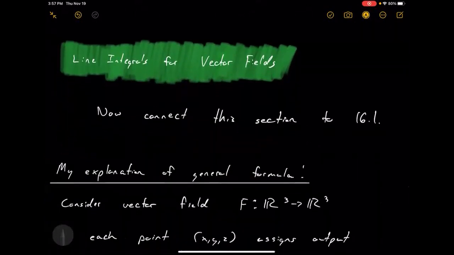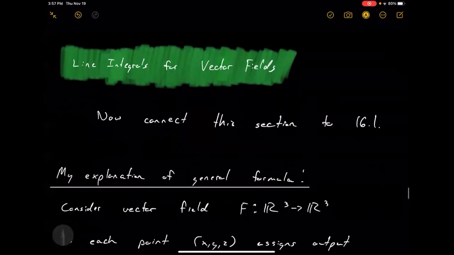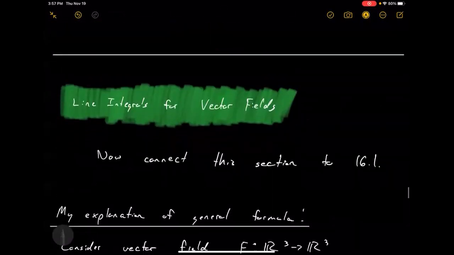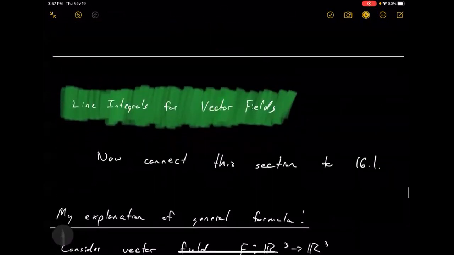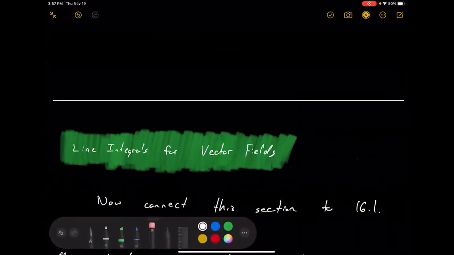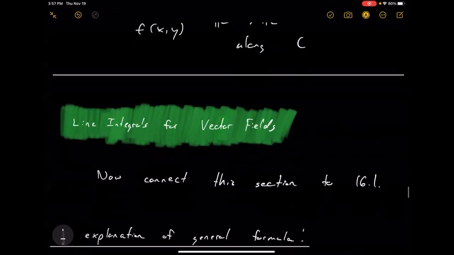Okay, so my last thing I want to do is line integrals for vector fields, and this is where our material for 16.2 connects to 16.1. So now instead of integrating a function f(x, y) from R2 to R along some curve C, I'm going to be considering these vector fields.